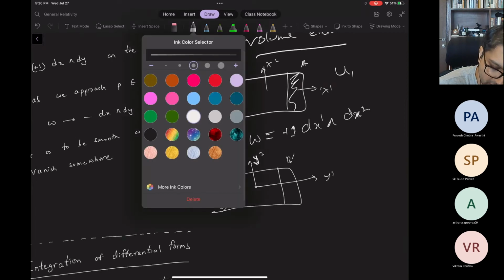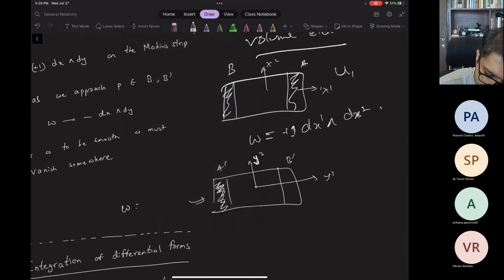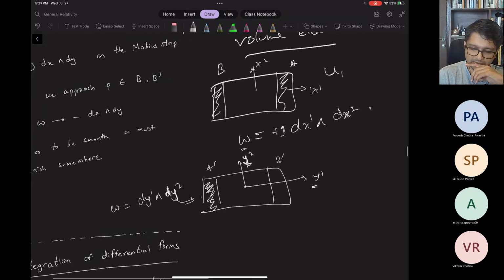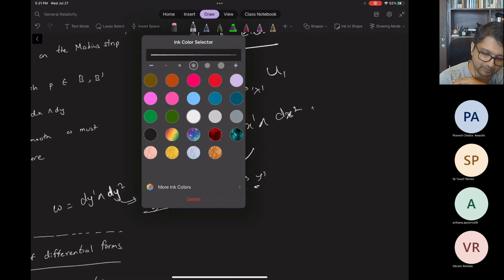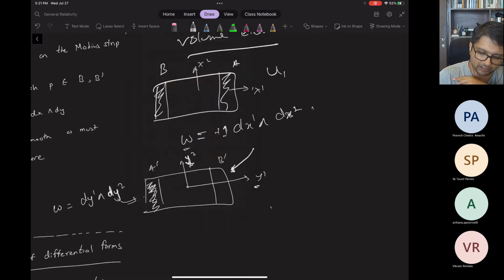Now in the overlapping patch, what I would find is there's a smooth mapping from this omega to omega defined in this patch, which I can write as dy1 wedge dy2. And this fixes my y1 and y2 coordinates. But now what I would find is in the overlap region of B prime, I can no longer define my omega this way.